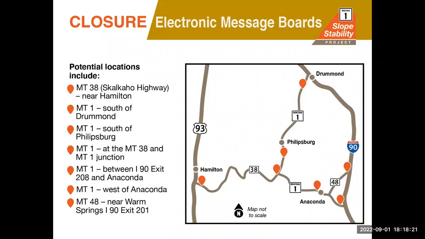Then we'll get the word out that we're looking at a closure approximately this week or these two weeks. And as that date gets closer and closer, we'll tighten that up so that the information is coming out when the closure is going to be planned, at least a week in advance. So I just want to give you as much time and notification ahead of time about that closure.